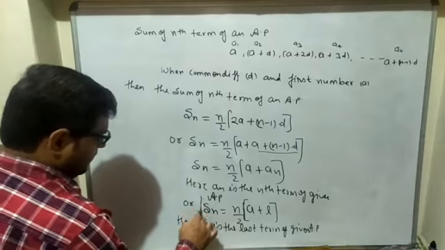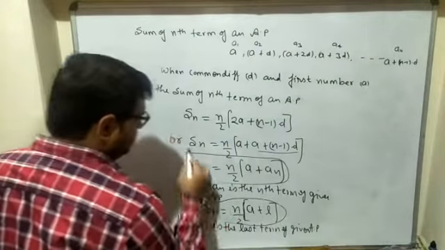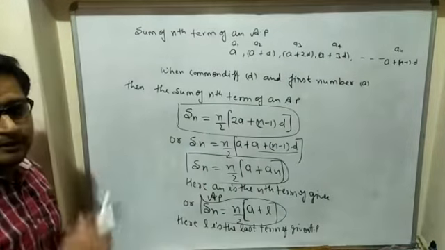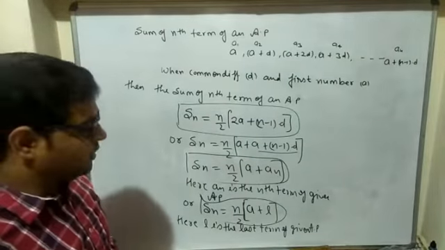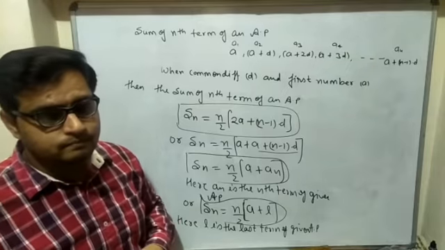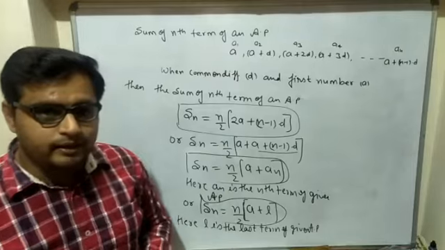Okay, so we have this formula and this one and also this one. As per the given condition, we apply that formula for finding the sum of the nth term of any given AP.